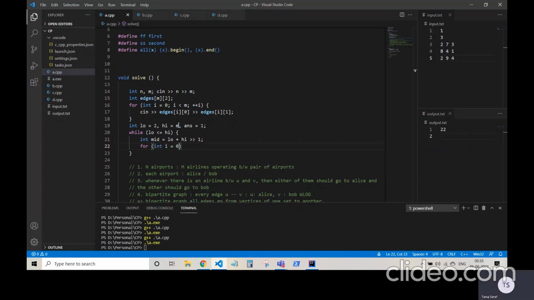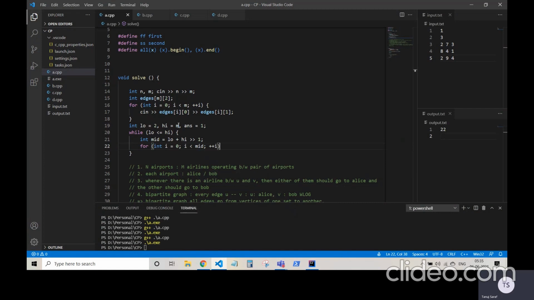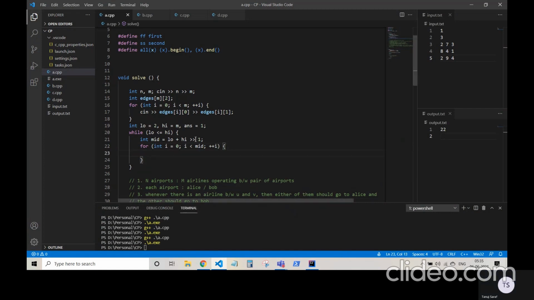So for int i going from 0 to mid, for the first mid edges, let us add them.